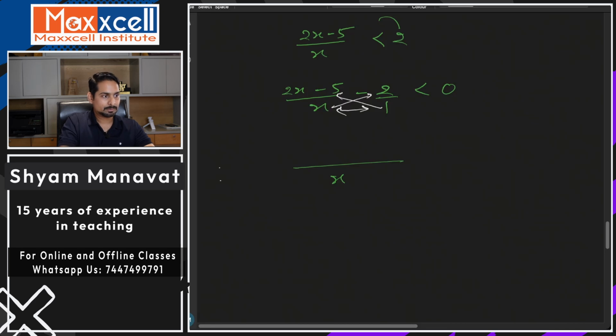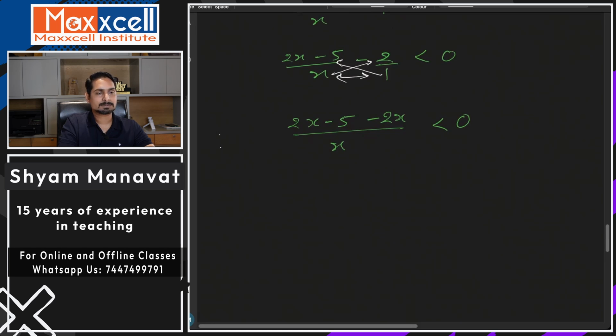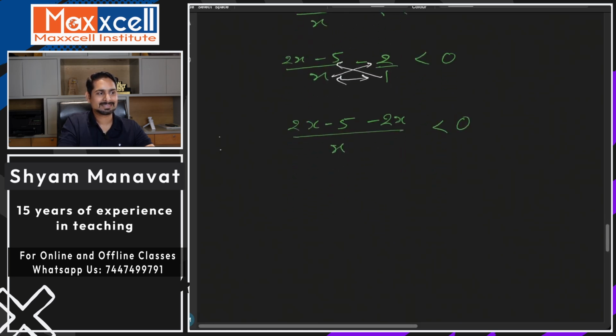You get 2x minus 5 as it is, because there won't be any change if you multiply by 1. X multiply here, it's going to be minus 2x less than 0. Now what you do? Oh, 2x minus 2x is 0. So you got only minus 5 by x, that is less than 0.